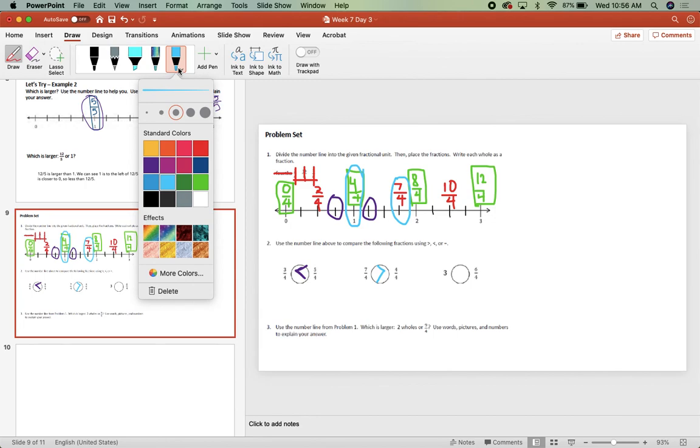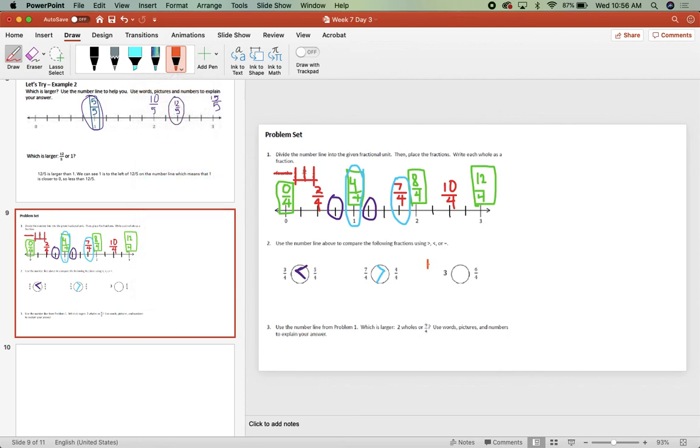Last but not least, I see 3 wholes, which I know is equivalent to 12/4. Great. And 6/4. So here's my 12/4. Here would be my 6/4. 6/4 is way closer to 0. So 12/4 is greater than 6/4.